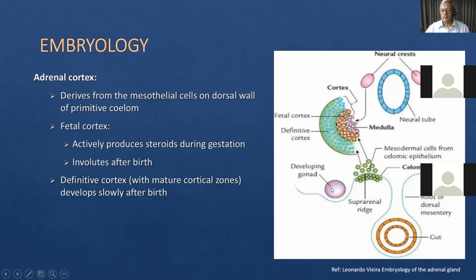The fetal cortex actively produces steroid hormones during gestation and involutes after birth. The definitive cortex develops slowly after birth, and the medulla is developed from neural crest cells or neuroectoderm, which migrate to the medial portion of the developing gland and are encapsulated by the adrenal cortex.